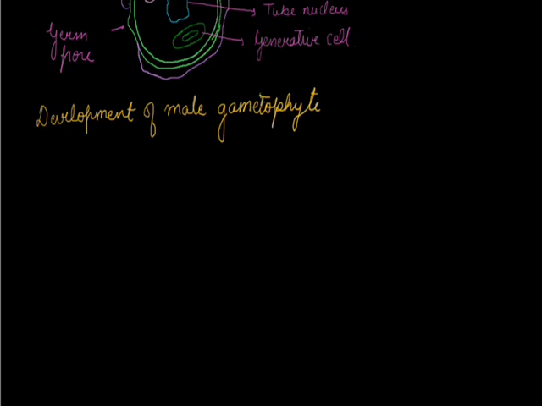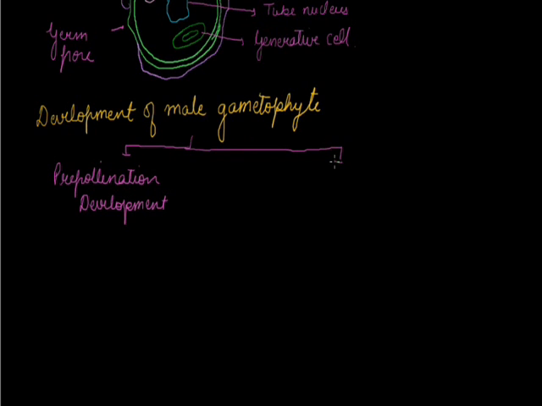When we talk about the development of male gametophyte, we are dealing with two stages: pre-pollination development and post-pollination development. First, we are dealing with pre-pollination development.